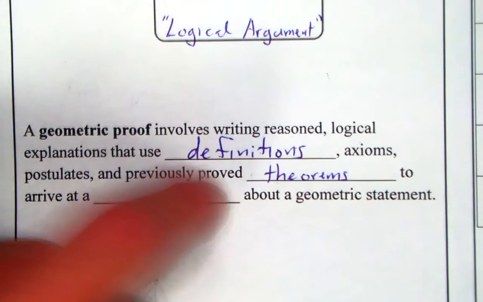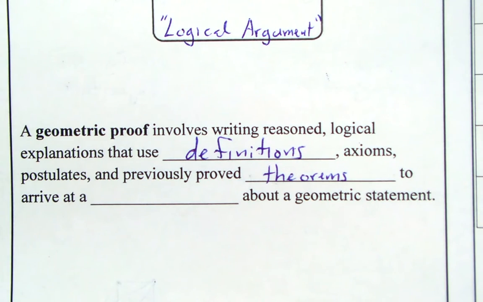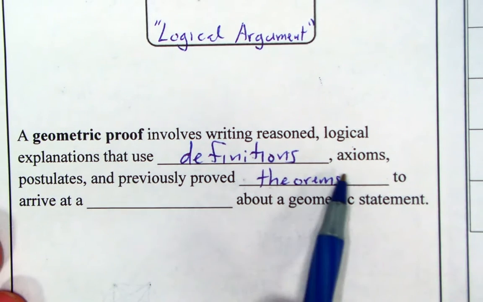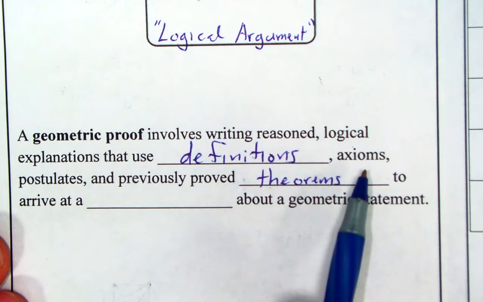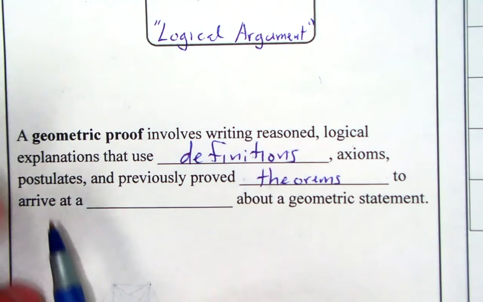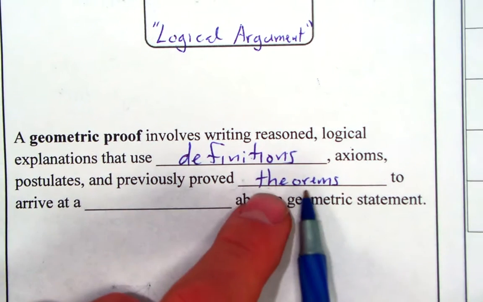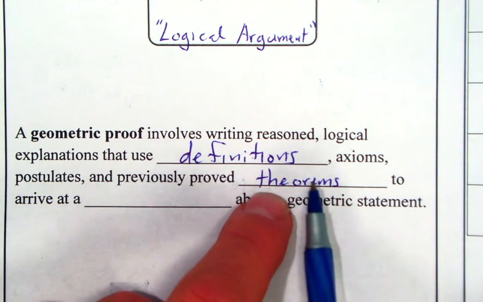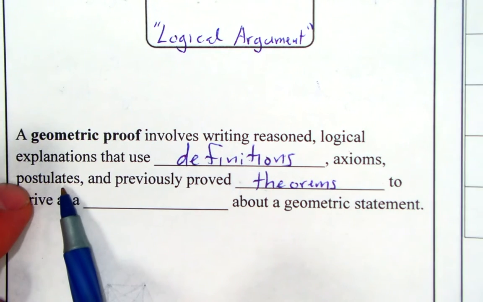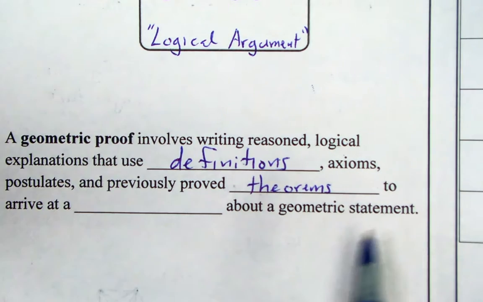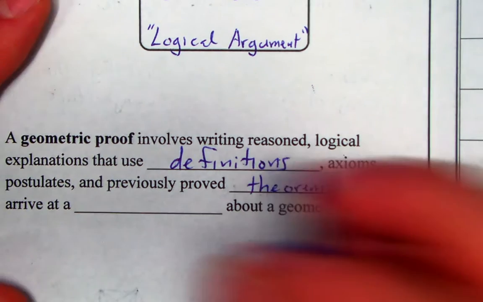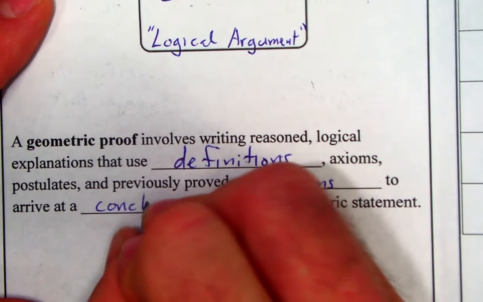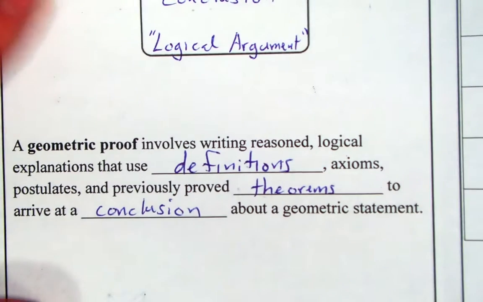Now, I know we haven't really defined axioms, postulates, theorems. Maybe we can write that down formally when you come back to class. But these are just statements of fact or truth about certain things. We have the alternate interior angle theorem. We have the corresponding angles postulate, right? And we can use these to arrive at a conclusion about a geometric statement.